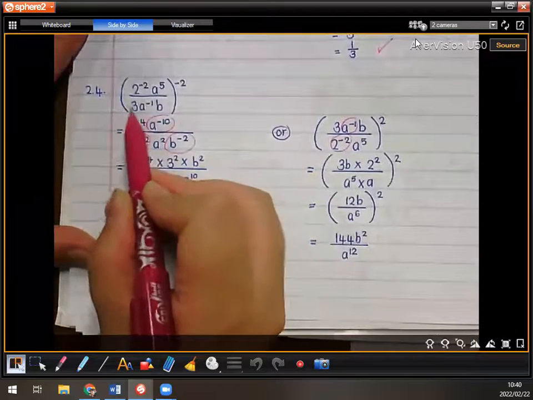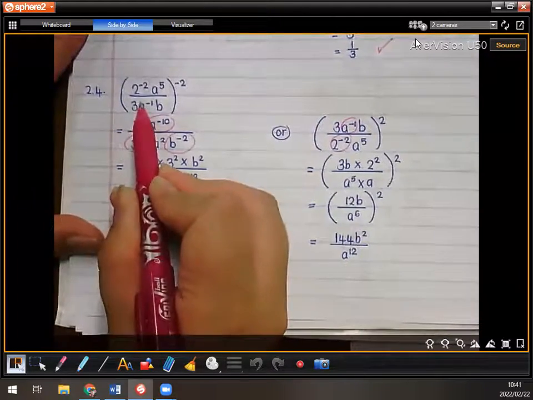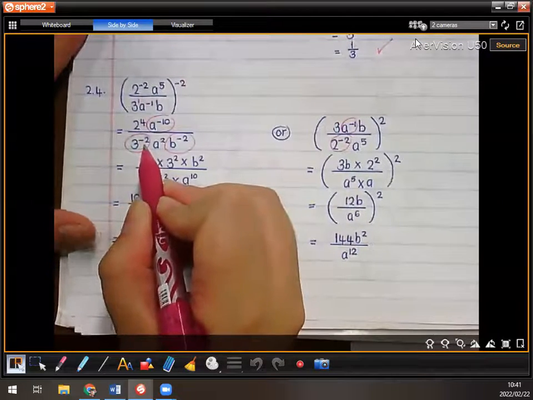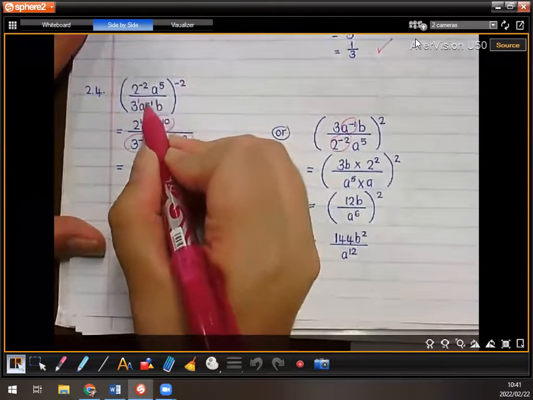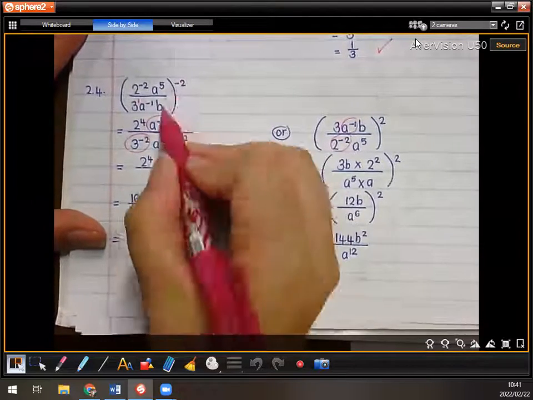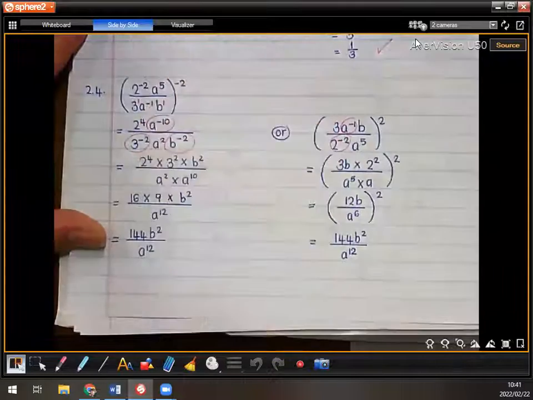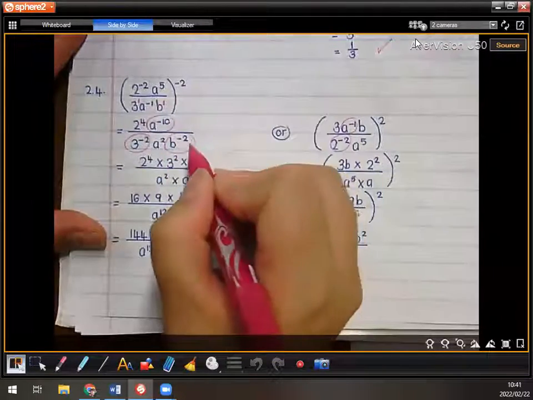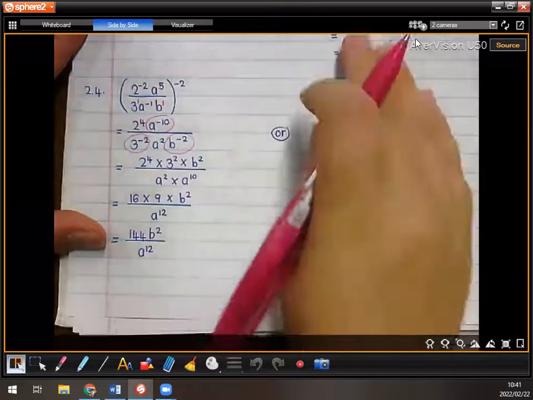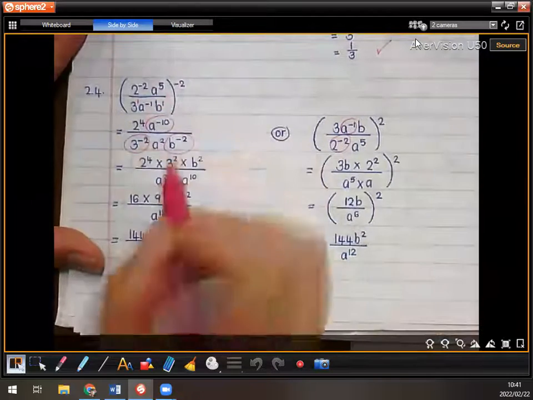At the bottom, this is just 3 to the 1, so 1 times -2 is -2. For the A, I have -1 times -2, that's +2. And for the B, that's also just B to the 1, so 1 times -2 is -2. You can do that first if you want. I'll work through the right-hand side just now, but that's one option.